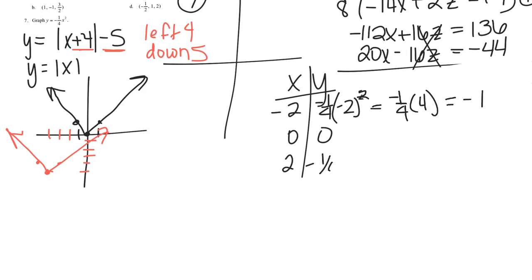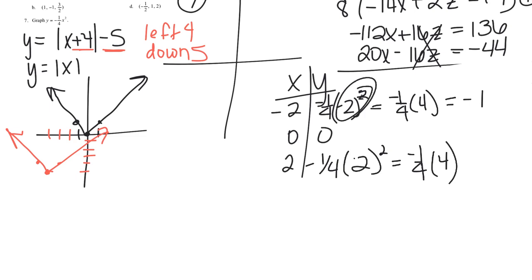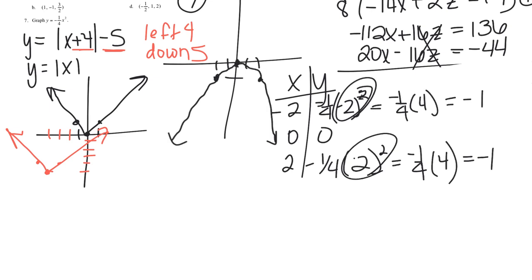And then -1/4 times 2 squared is also -1/4 times 4. Remember that you're going to do the exponent before you do the multiply. So that's -1. So I have 0, 0, and at -2, -1, and +2, -1. And this is a parabola that opens down, and it's pretty wide.